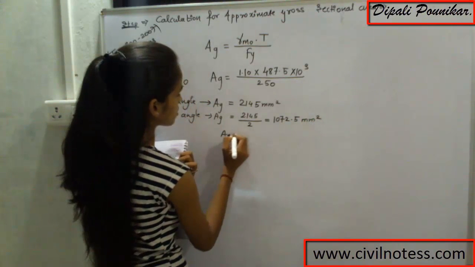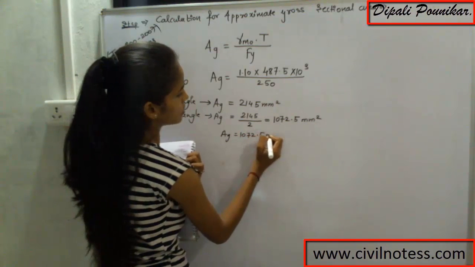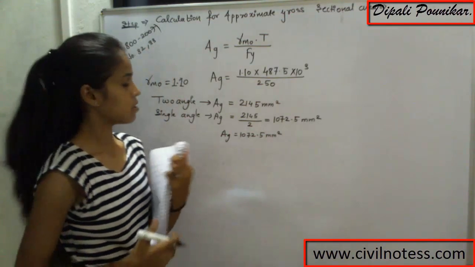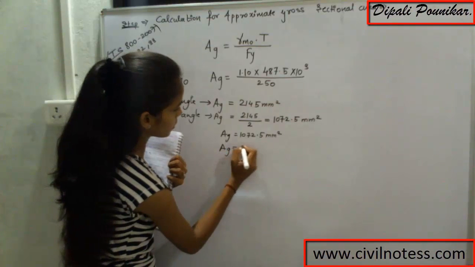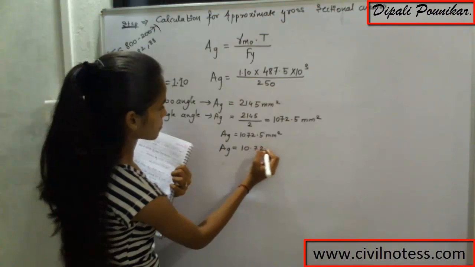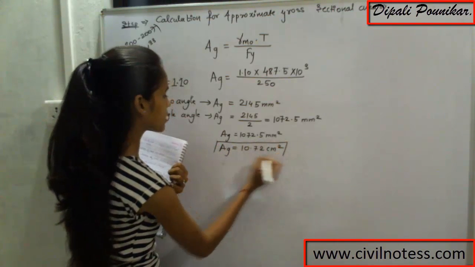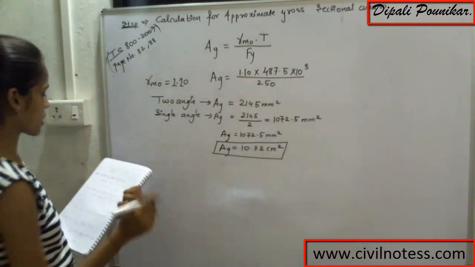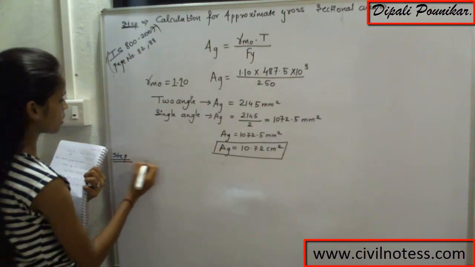This AG is in mm square, but the value given in the steel table is in centimeter square, so we have to convert it to centimeter square. After calculating the value of AG, let's move to step number 2, the selection of the equal angle section.